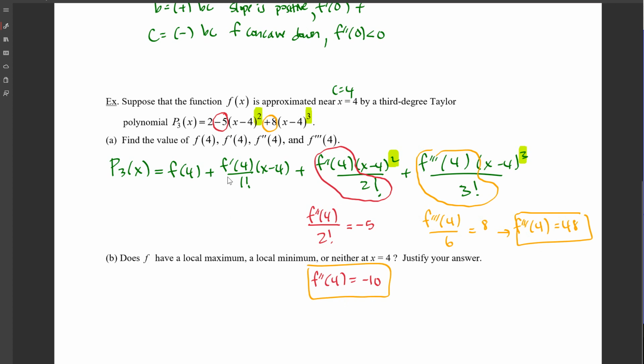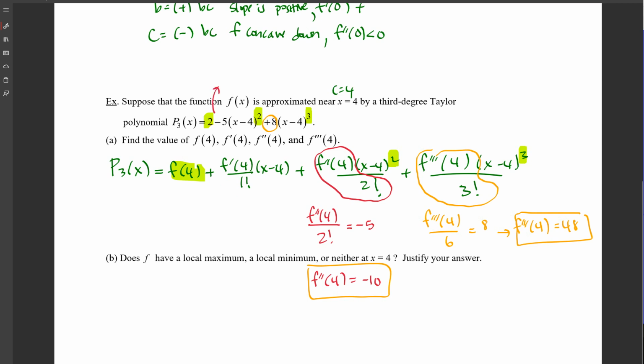So I have found the third derivative, I have found the second derivative, and let me see if I can find another number. This 2 here is not associated with any x raised to a power, right? So the question is, should I set this 2 equal to this f of 4 here, or should I set this 2 equal to this coefficient here? Yeah, it should be this f at 4. Why? Because there's a missing term here, right?